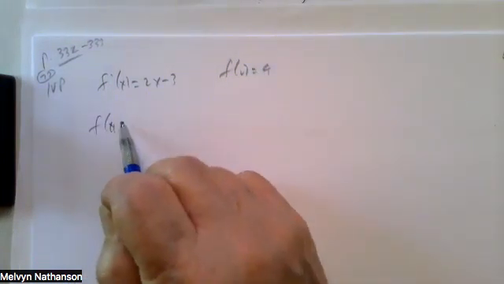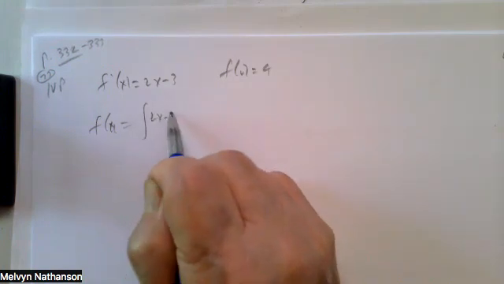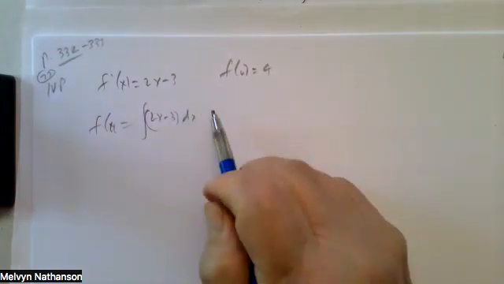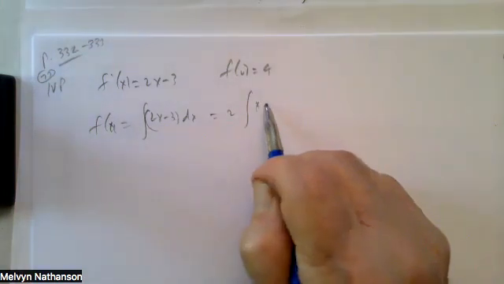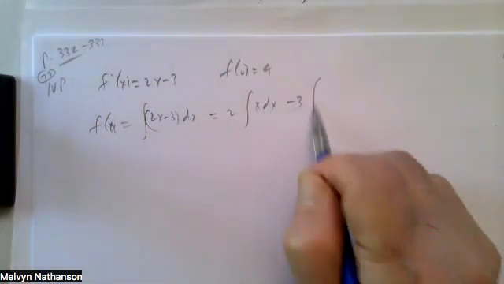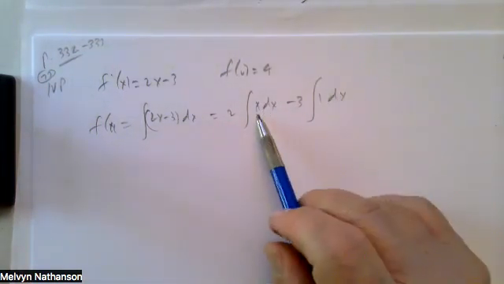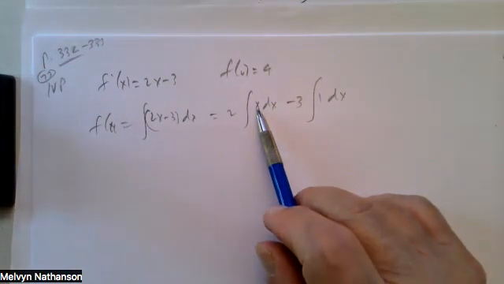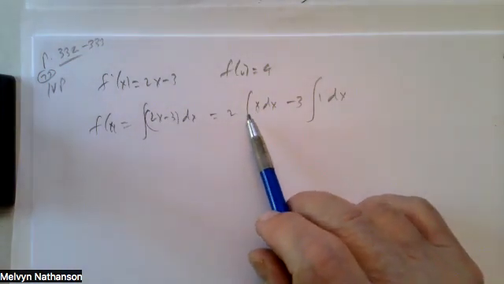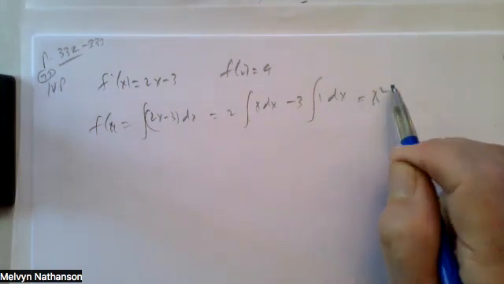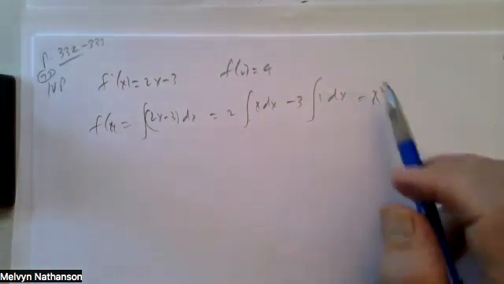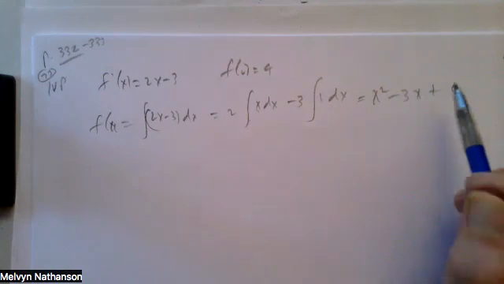So the antiderivative of 2x minus 3 is 2 times the antiderivative of x dx, minus 3 times the antiderivative of 1. The integral of x is x squared over 2, so 2 times that is x squared. The integral of 1 is x, so minus 3x, plus a constant.